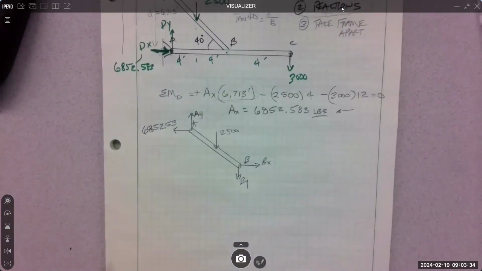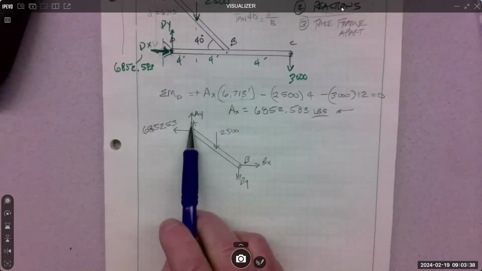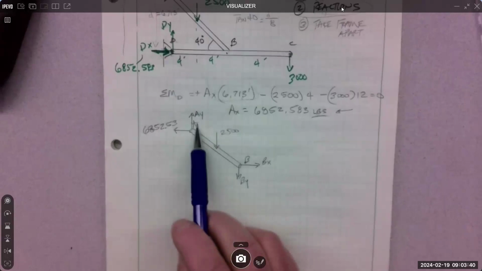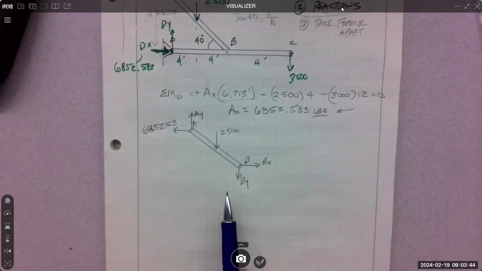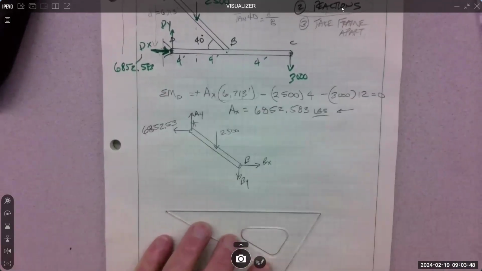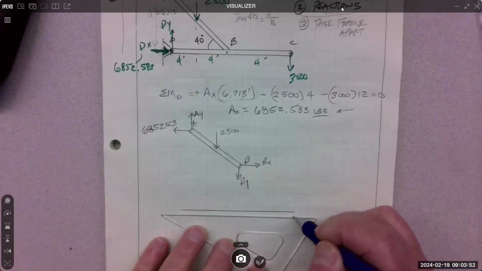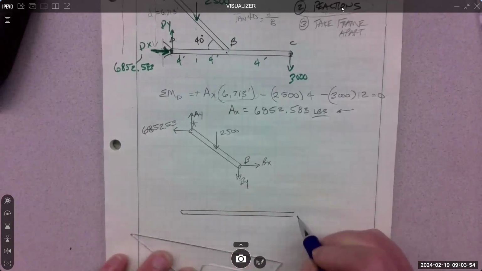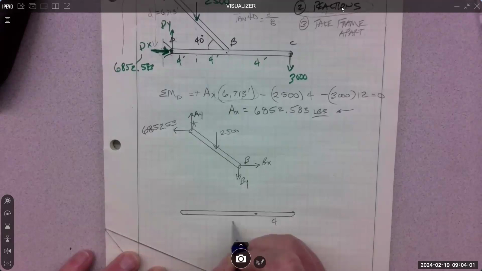All right, so I put in what I know. I'm guessing at AY here. So I guess at BY opposite of AY, because that's how this piece would be in equilibrium. Okay. And then taking the frame apart, here is the lower member, and this was a total of 8.